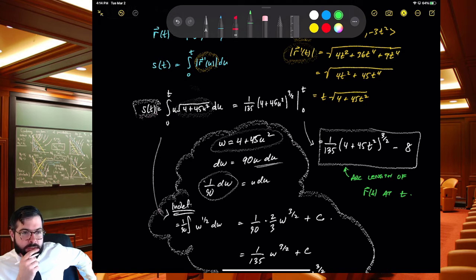So pretty nice to be able to generate a function that tells us that based on the same parameter. Some things about that.